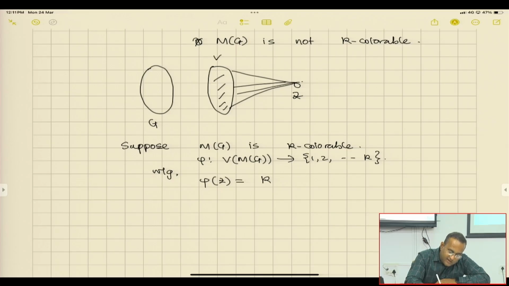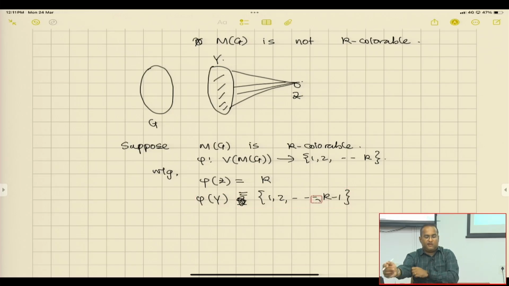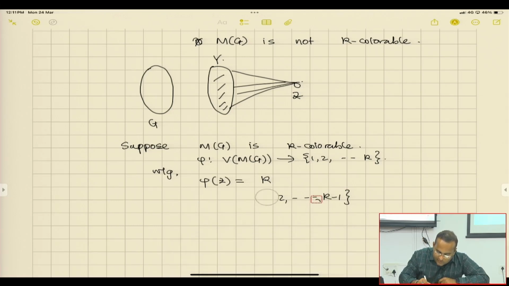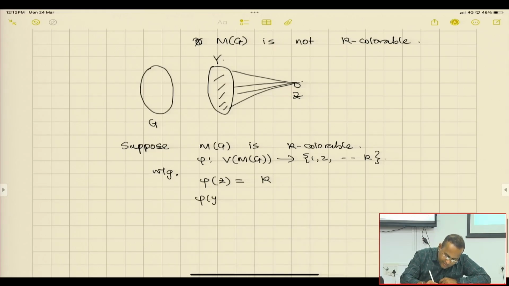So let me write this set to be Y. Then phi of y belongs to 1, 2 up to k minus 1 for each y belongs to Y, right?